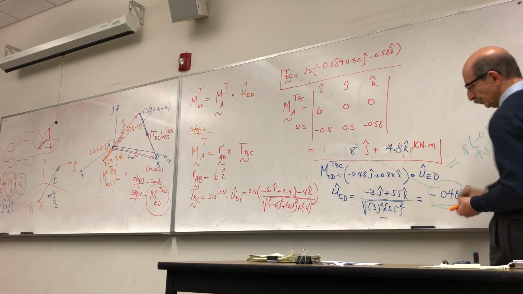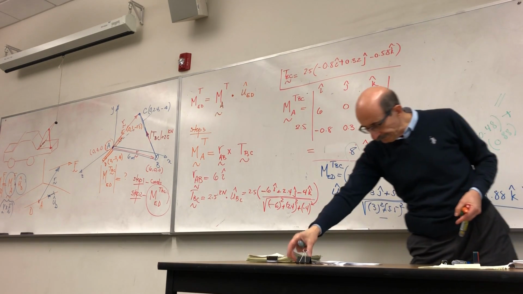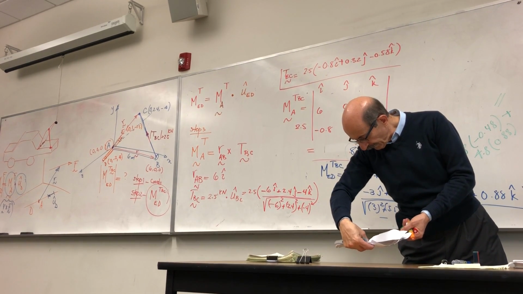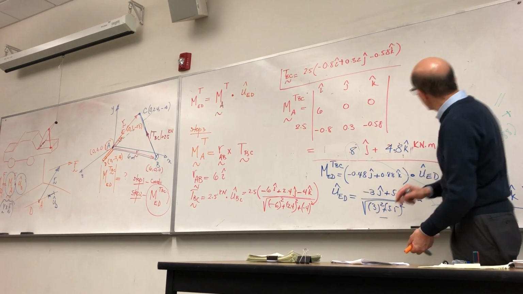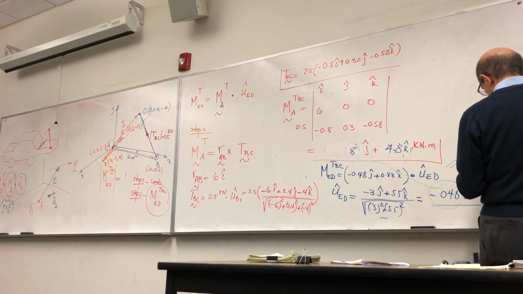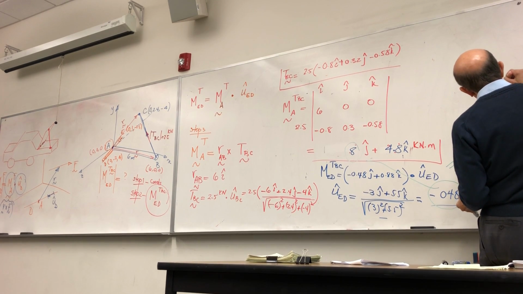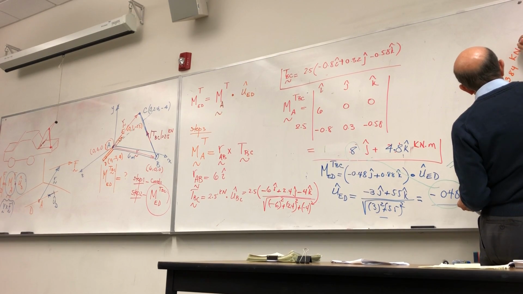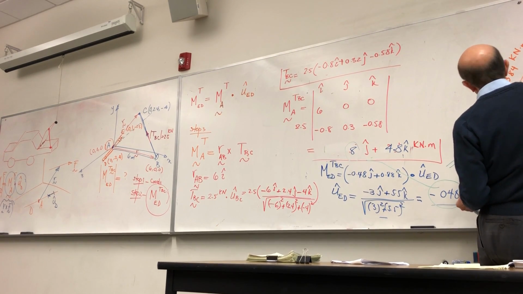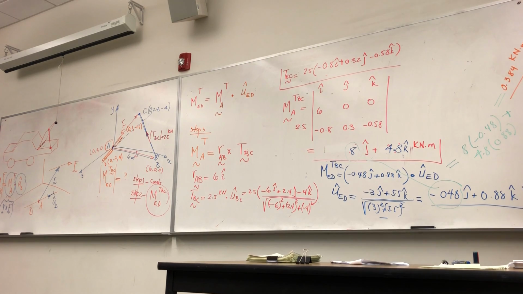Sum of these two would be 0.384 kilonewton meter. So this results in 0.384 kilonewton meter. So that is the moment which that force generates about axis ED.